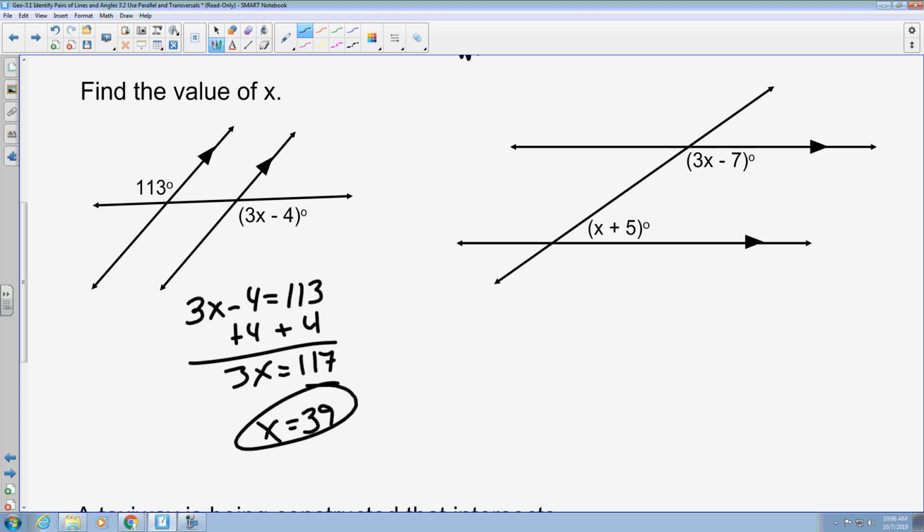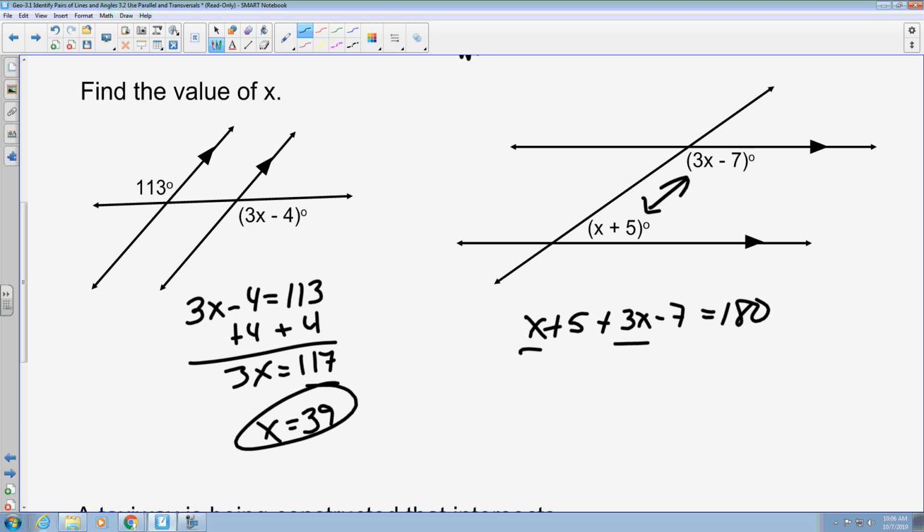Looking at these two here, they're on the same side and on the inside, so they're interior. That means they are consecutive interior angles. Anytime we're dealing with consecutive interior angles, those two angles are supplementary, so they add up to 180. If I add them together, x plus 5 plus 3x minus 7 equals 180 degrees.